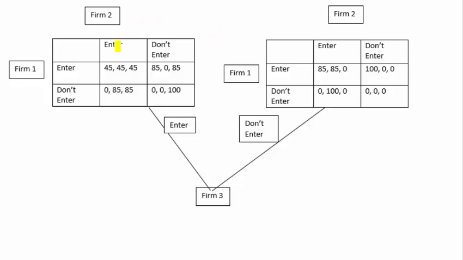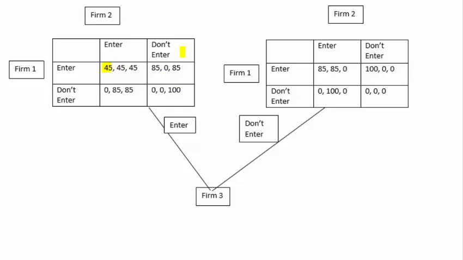So starting if firm 2 were to enter and firm 3 were to enter, firm 1 would decide between 45 and 0, as these are the first number and represent the first player. And as we can see, 45 is the bigger number. Firm 1 would go with 45.